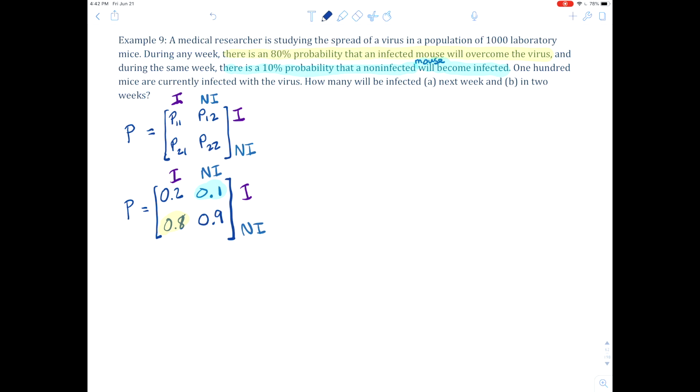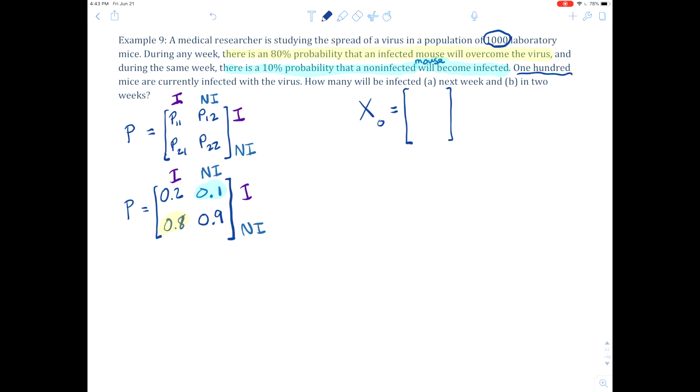Groovy? Awesome. So now we need to have our initial situation going on. So again, if we continue infected, non-infected, our x0 is going to be equal to this column matrix. And it said we had what? How many mice? Good, 1,000 lab mice. And then, okay, how many start out being sick?